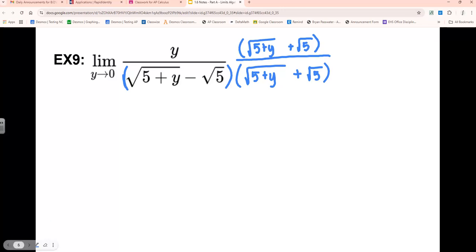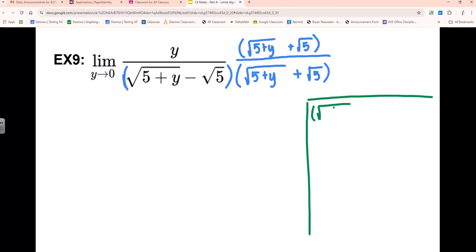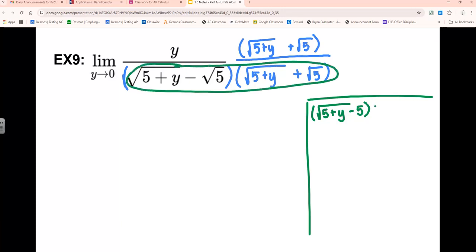All right, so I'm going to do the same thing I did before. When you get really good, you're going to be able to do this in your head, and you're not going to have to write this whole thing out, but I don't know that we're there yet since we just learned about this today. So we have to multiply the denominators together. I'm going to do this over to the side.